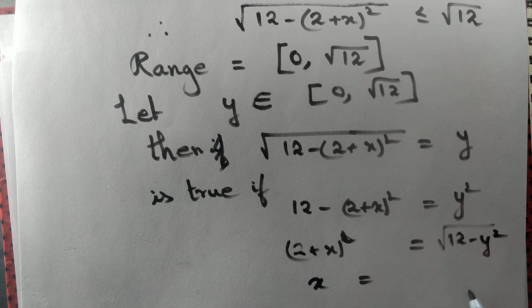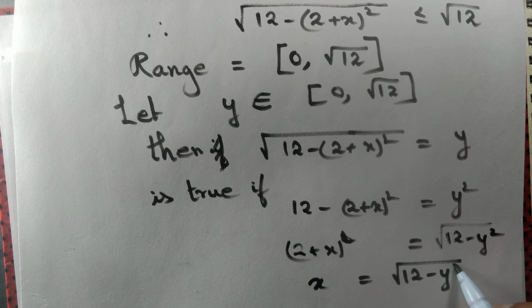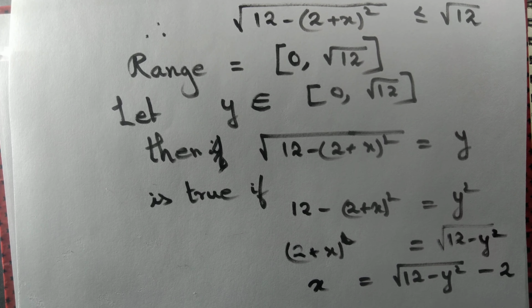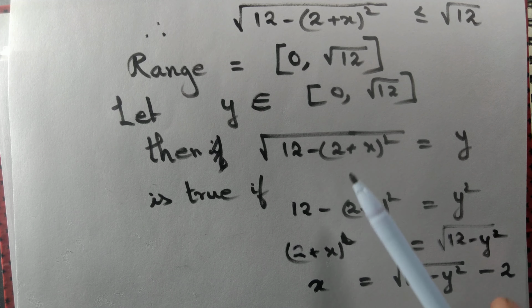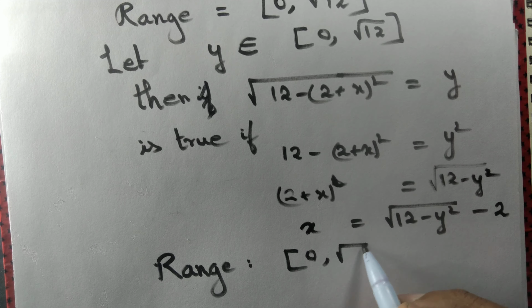So x equal to root over 12 minus y square minus 2. Obviously, if y belongs to this interval, then you can have x such that f(x) equal to y. So we can confirm here that range is the interval 0, root 12.